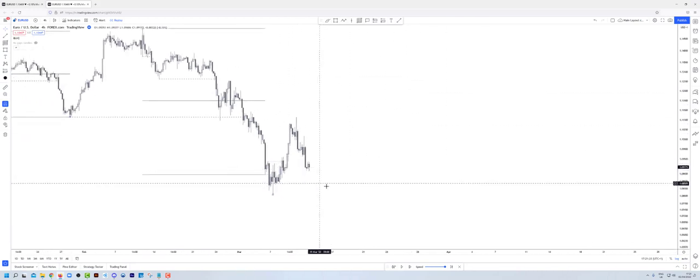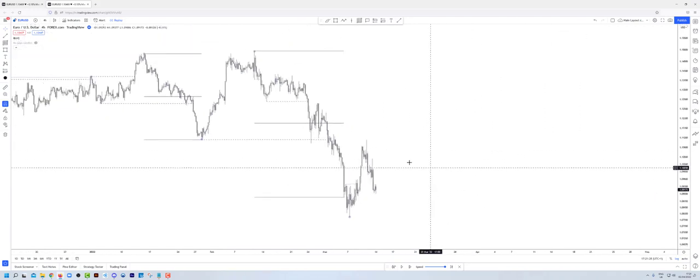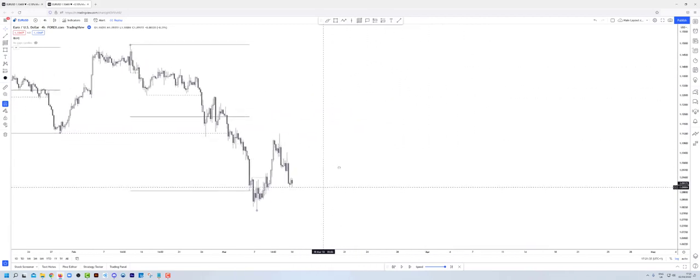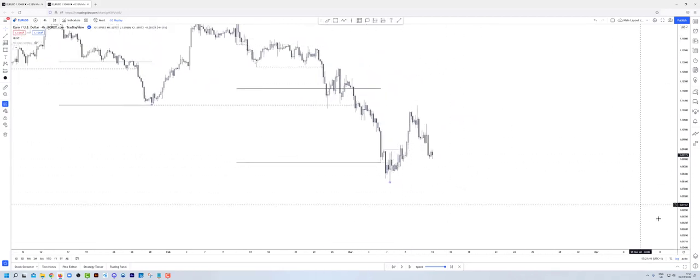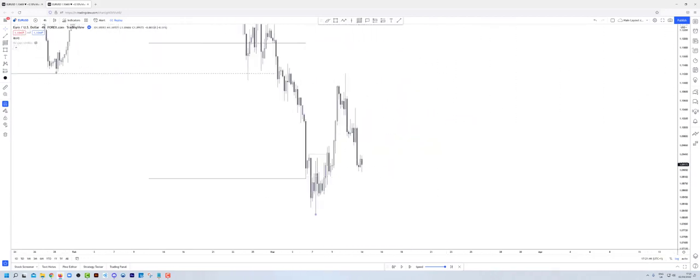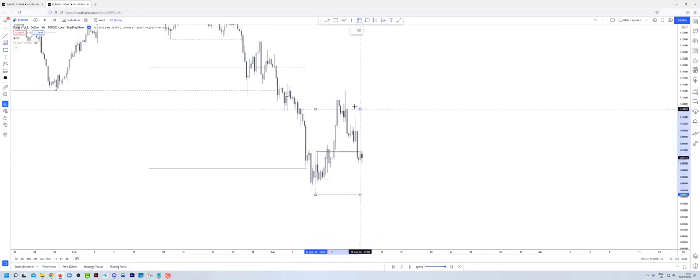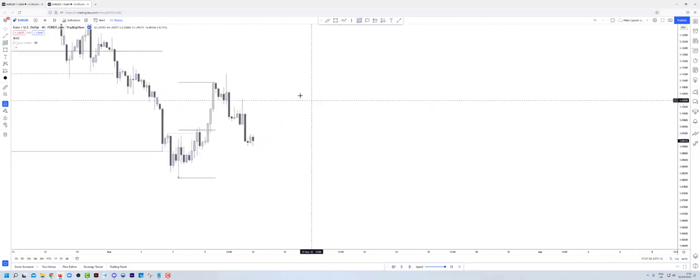So overall, we've had a minor breaker structure on the 4-hour here. So we've turned bullish with minor structure, and we're expecting price now to come back to mitigate something in the premium of this major. So after we've had this minor breaker structure to the upside, we can then use our premium and discount tool to pop that between this low and this high up here.